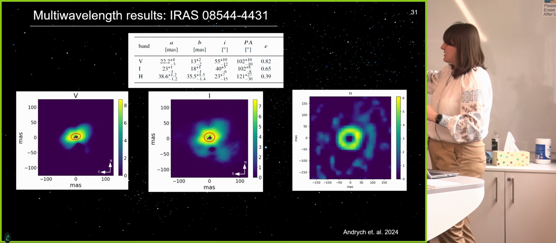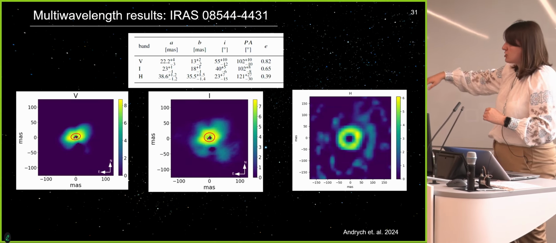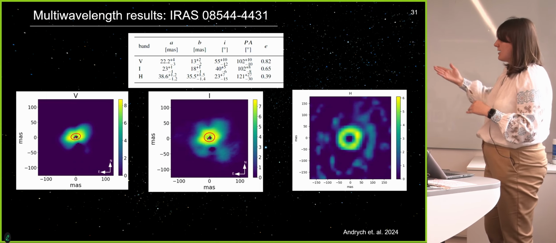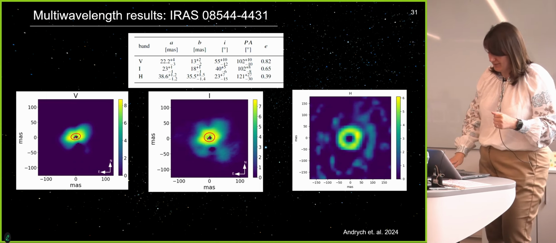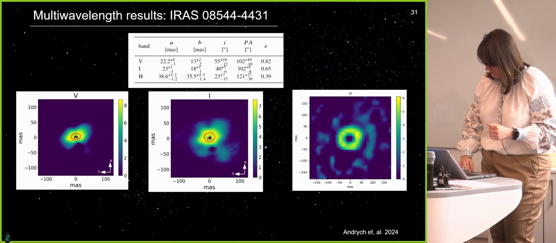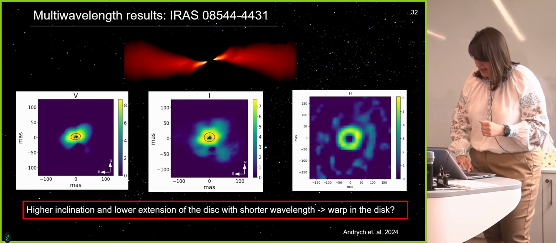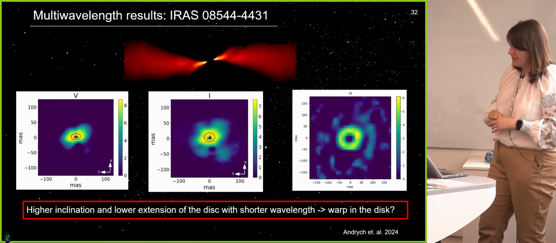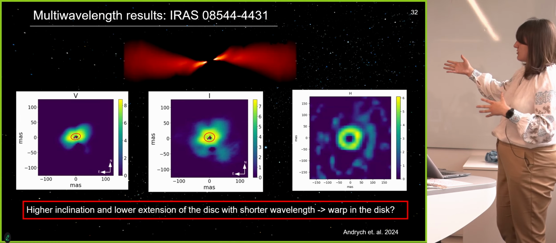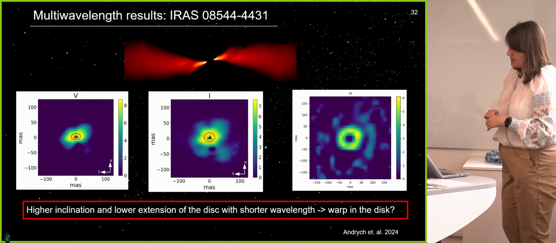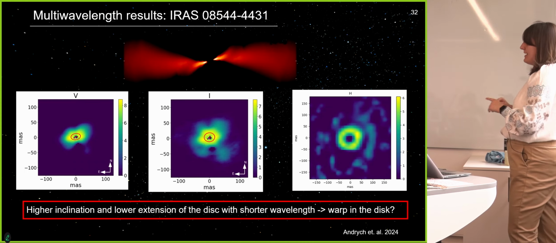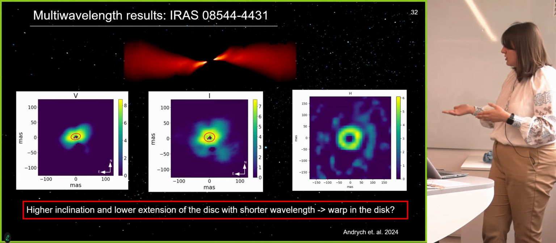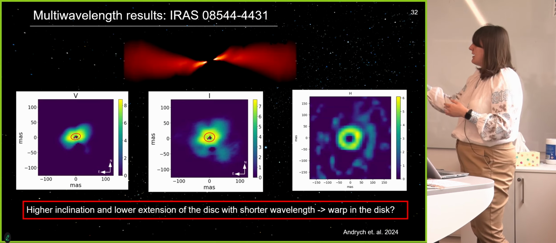With the disk being more elliptic towards shorter wavelengths, we can estimate the inclination of the disk, and the disk appears to be more inclined towards shorter wavelengths. Both the difference in inclination and the extension of the resolved disk structure with wavelength, combined with the fact that dust opacity decreases with wavelength, lead us to suggest that potentially the innermost part of the disk is warped.